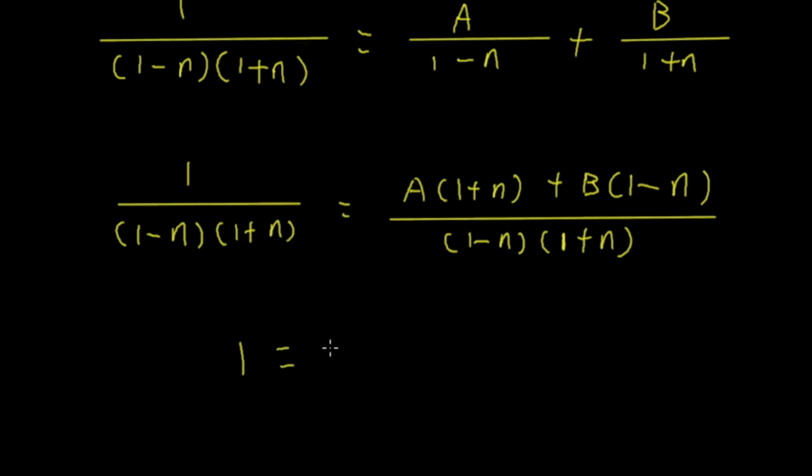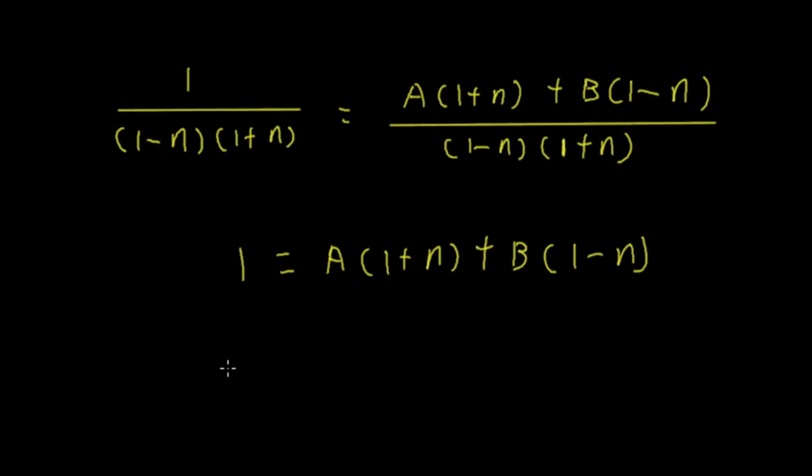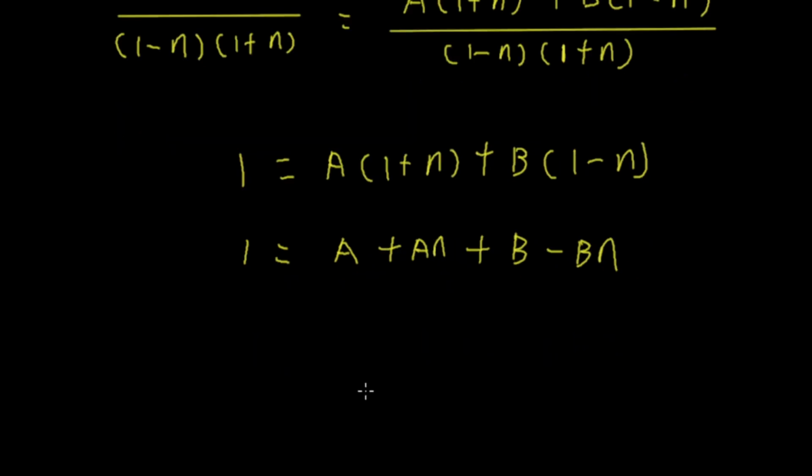So 1 equals a times 1 plus n plus b times 1 minus n. Let's distribute. So that's a plus an plus b minus bn. Now group the right terms. 1 is equal to an minus bn plus a plus b.